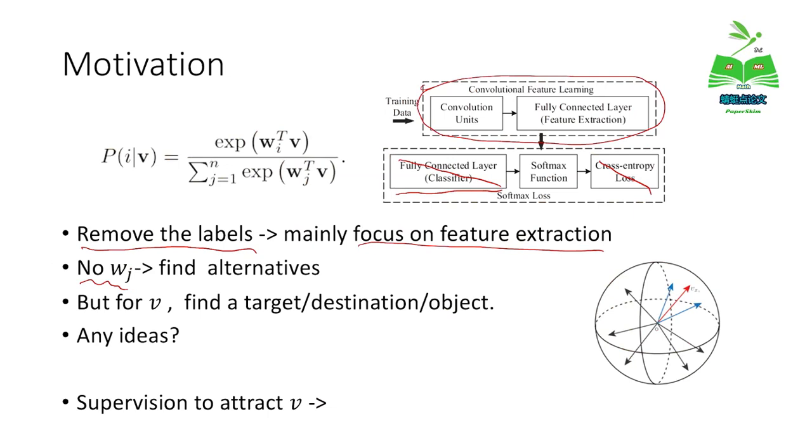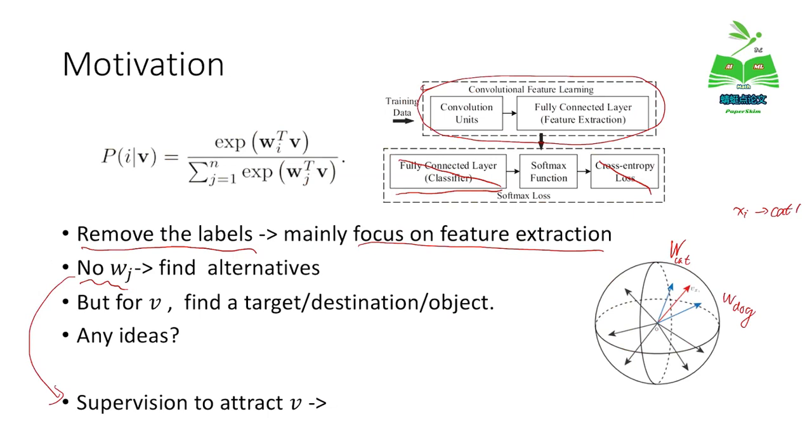Previously, we can think of it in this way: Wj is a supervised signal to attract V. For example, this is a W cat. This is a W dog, and the xi is, for example, cat 1.